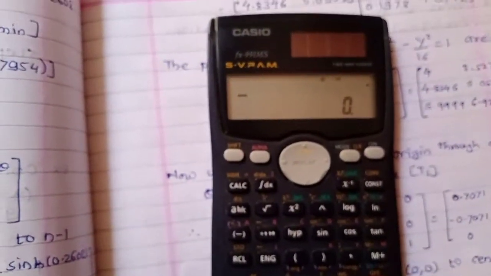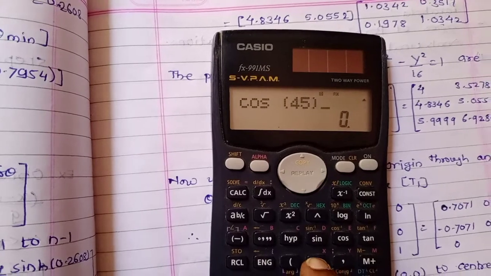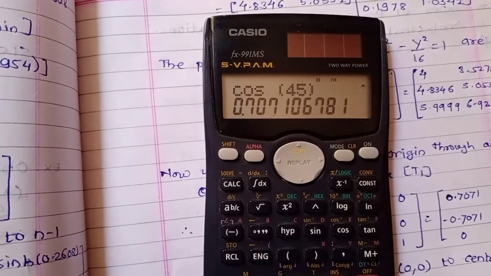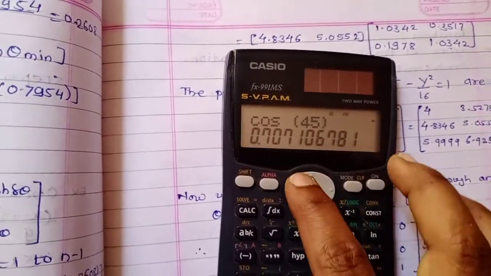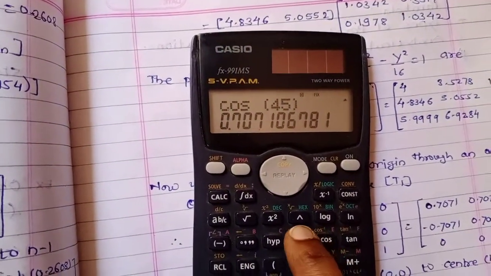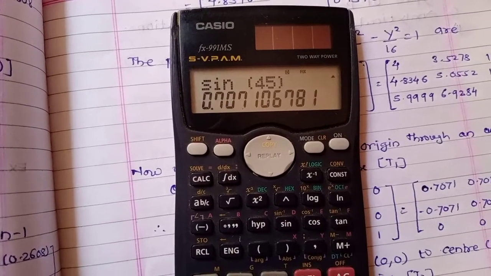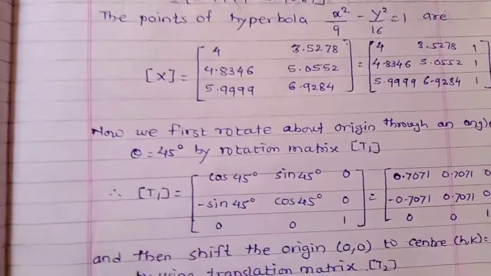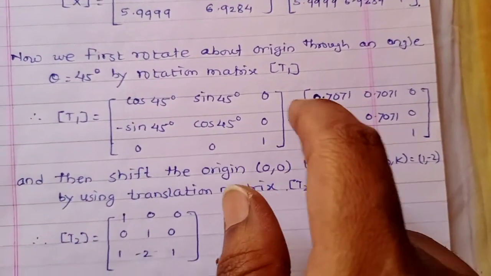Now we find cos 45: cos, in brackets 45, and we get 0.7071. Similarly for sin 45 we get 0.7071 again. In this manner we obtain the corresponding values and write down our matrix.